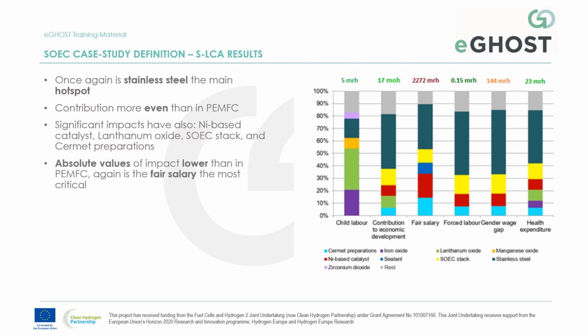Absolute values are lower than for the PEM, but again, fair salary is the most critical indicator. As you can see, it has basically more than 10 times higher values than any other indicator.